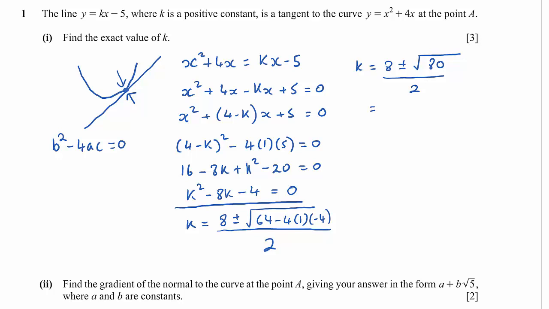So 80 is 16 times 5, so 8 plus or minus 4 root 5 over 2. Now k has to be a positive constant, so that's going to make it 4 plus 2 root 5, just dividing through by 2.